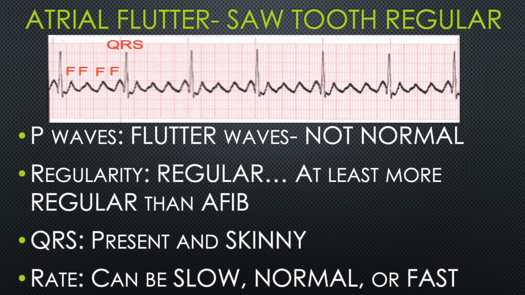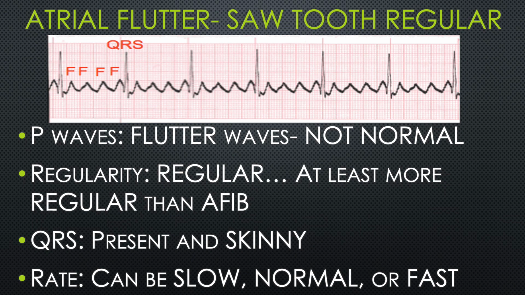The thing you'll notice that's different between this and AFib is, is this regular? Yes, look at it. The distance between each heartbeat is normal. It's at least more regular than AFib is. So this is one of the things that differentiates A-flutter from AFib, that it's more regular and it has those pointy waves. Remember, in atrial fibrillation, they have the fibrillatory waves.